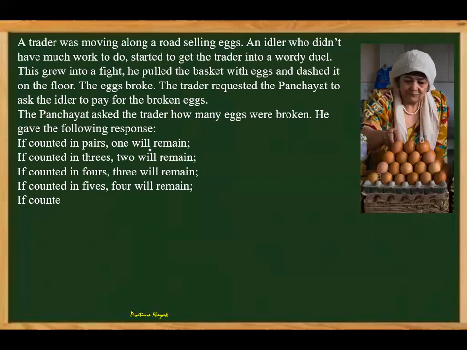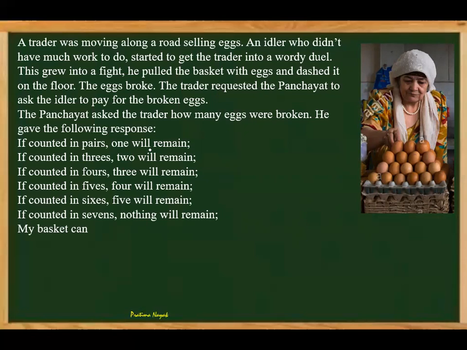If counted in sixes, five will remain. If counted in sevens, nothing will remain. My basket cannot accommodate more than 150 eggs. So how many eggs were there? If counted in pairs, that means if the number is divisible by 2, then 1 will remain.